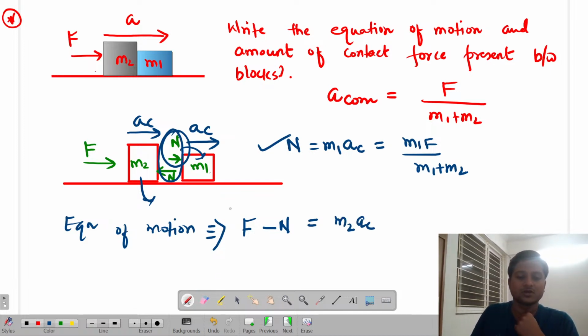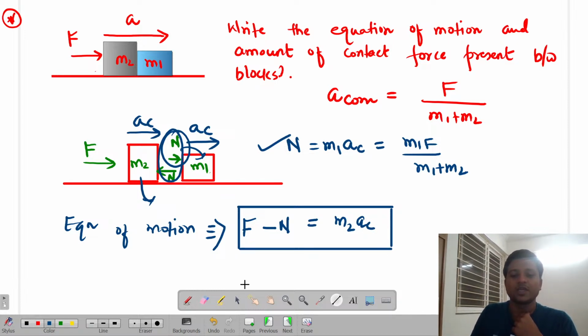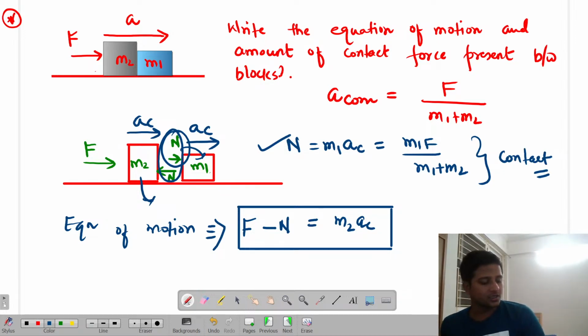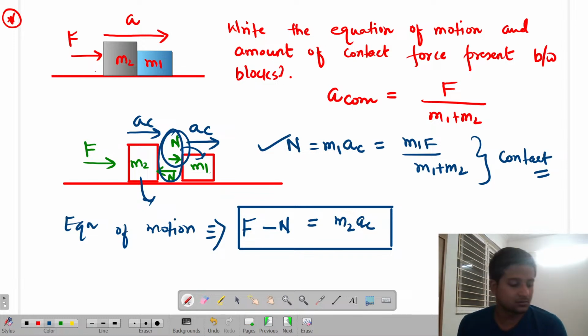So basically your equation of motion for M2 is this. Once again, when you put the common acceleration AC value, you will see that the normal still comes as M1F by M1 plus M2, and that is my contact force between the blocks. Is that clear? Understood?